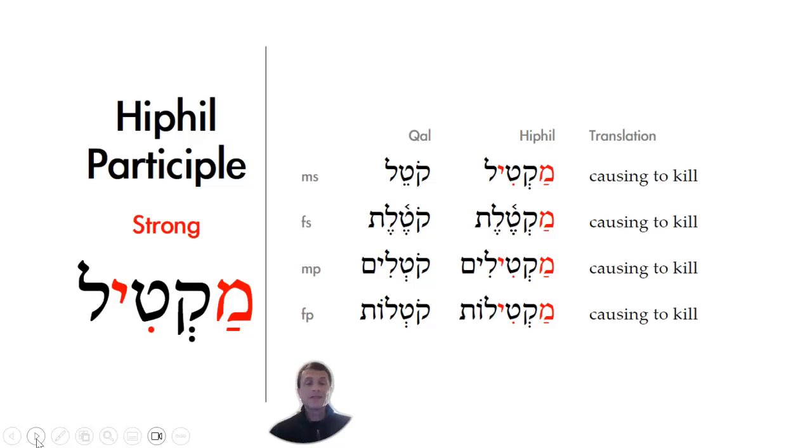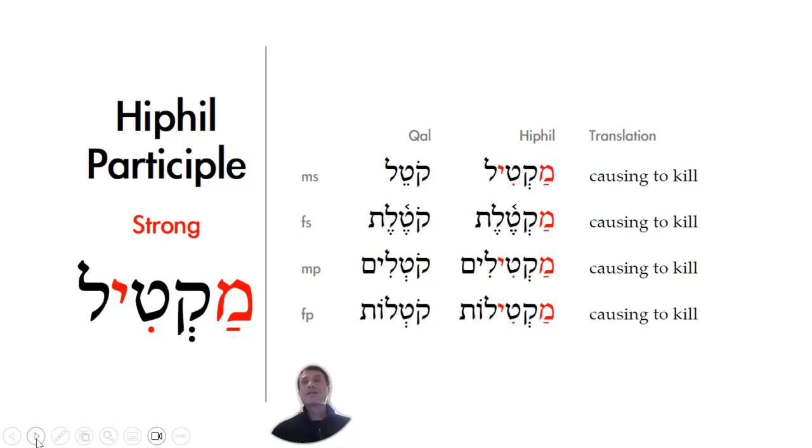The participle. You can see the kal stem participle on the left-hand side there. The endings of the participle are the same in every conjugation, so it's the same endings as nouns have. That's true in the Hifil participle as well. So how do you recognize the Hifil participle? Well, it's got a mem prefix followed by a short a, or patach vowel. And then there's a hirik yod, or an I-class vowel, in the middle.